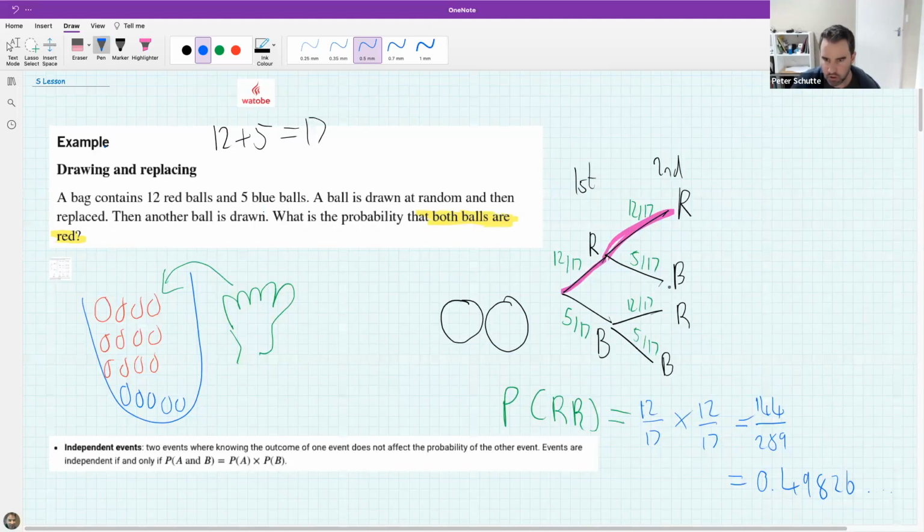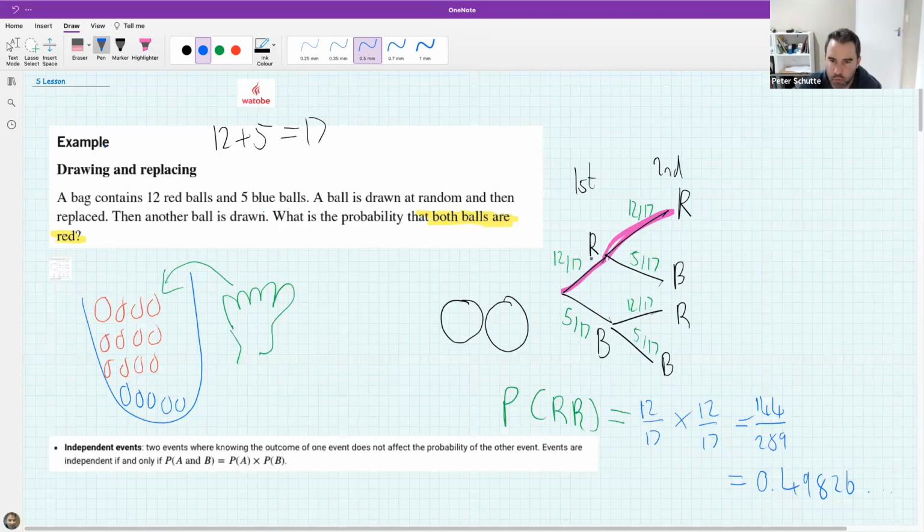What's important to notice is that it's not a 1 in 4 chance of getting red. Even though there are only 4 possible outcomes, these outcomes are not equally likely. To get the probability of this outcome, you multiply along the branches.